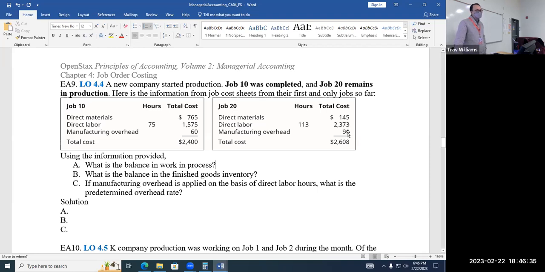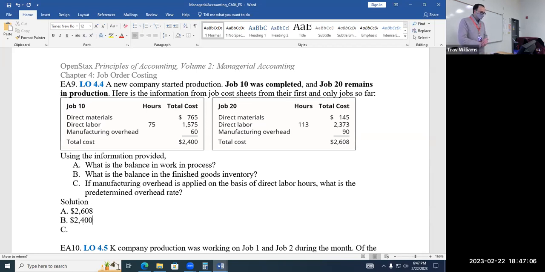Now, usually you don't add your manufacturing overhead until the job's done, but for some reason, we're told it's still in production. So that means 2,608 is the work in process inventory. Okay, so what is the balance in finished goods inventory? 2,400, correct, because that job is done.